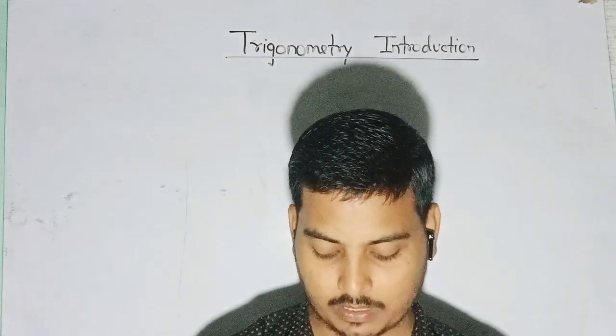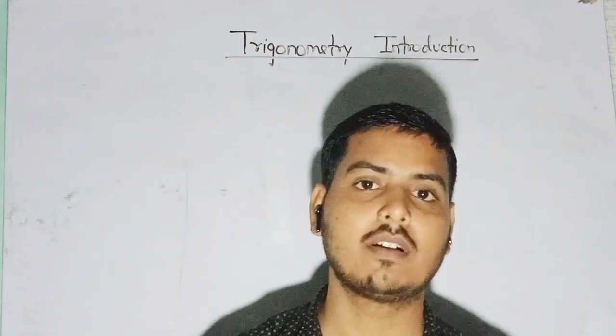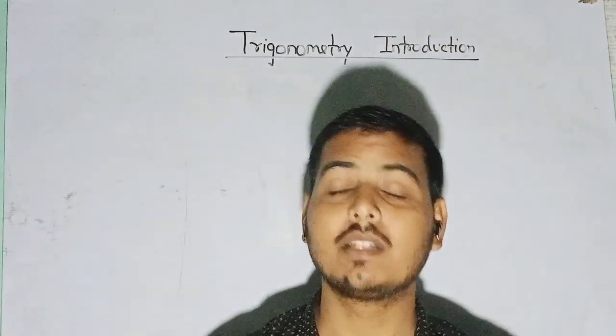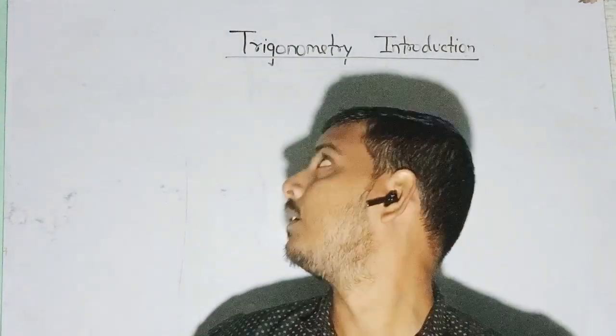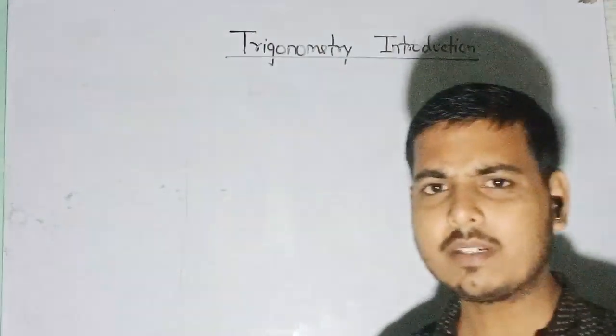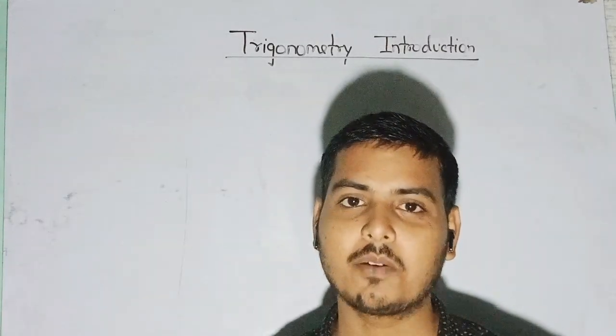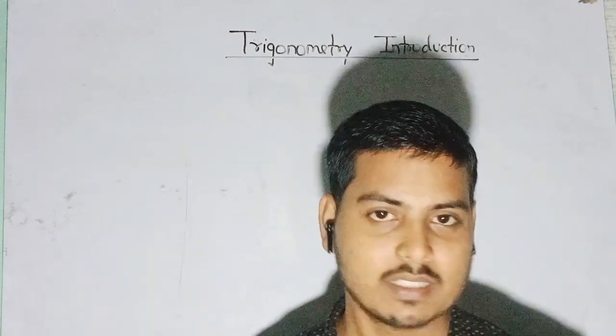Okay, so today I am going to teach you about trigonometry. What is trigonometry and from where the word came? So the word came from a Greek word trigonometron, which means the measurement of three sides or measurement of three angles.